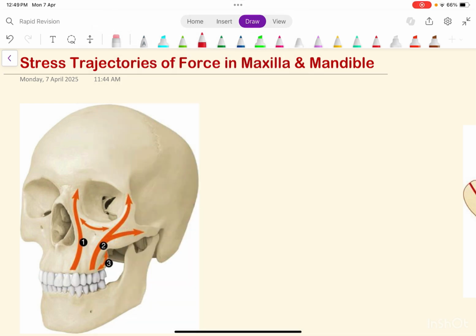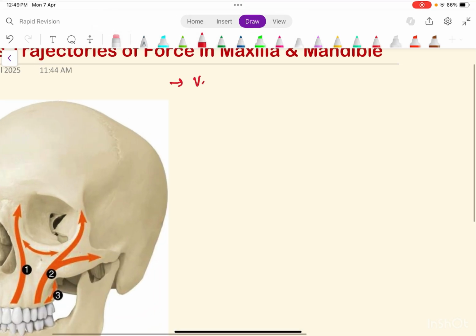All right, so vertical trajectories in maxilla. There are three.